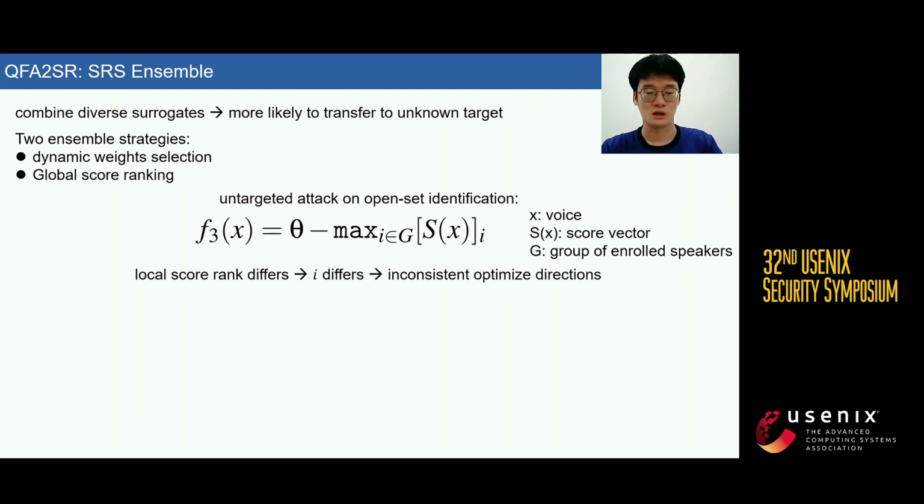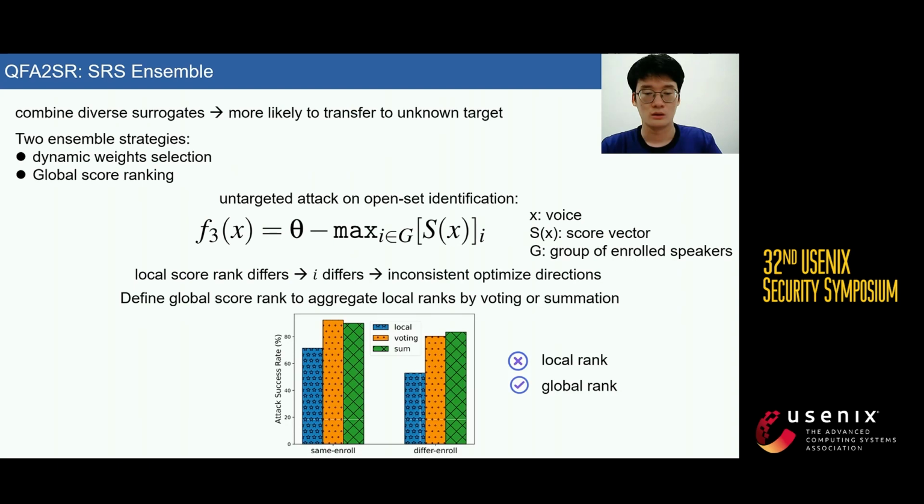As a result, the optimization direction may be inconsistent across these surrogate systems. To address this, we define global score rank to aggregate all the local score ranks by either voting or summation. As can be seen, global score rank outperforms the local score rank.